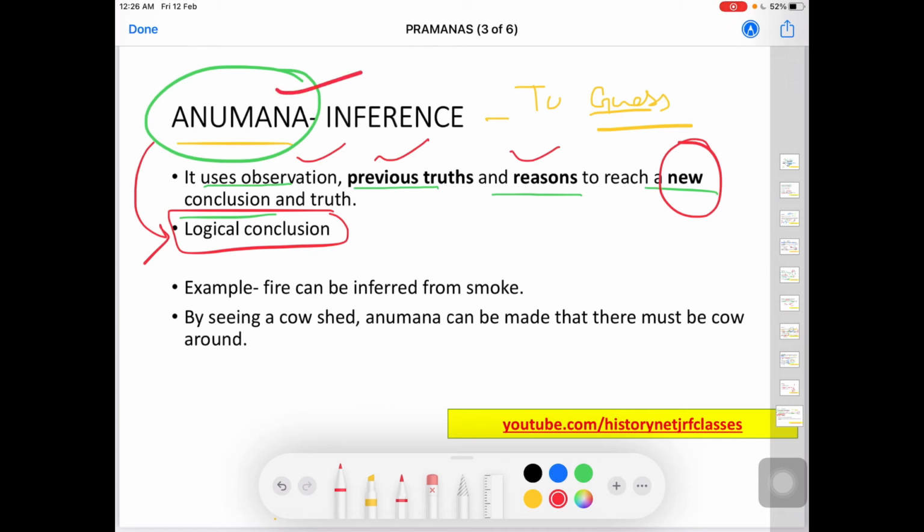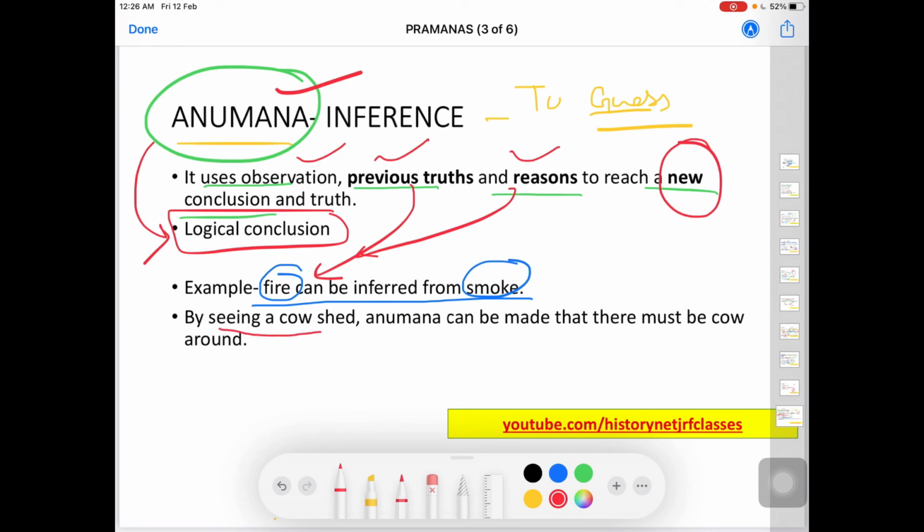I will explain it step by step because it is given in the syllabus that we have to read Anumana in detail. For example, fire can be inferred from smoke. If you see smoke anywhere on the far side, then you will say that there must be a fire. How did you make this conclusion? On the basis of your previous truth and previous reasoning, that where there is smoke, there is fire.